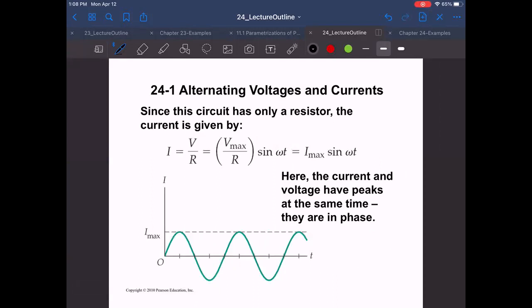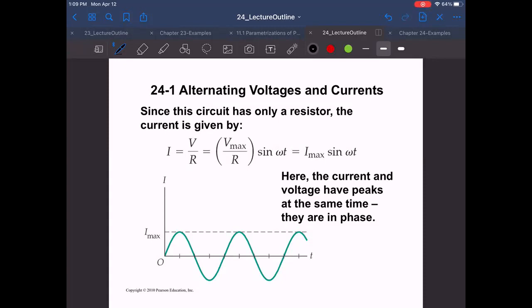If it's a circuit that has only one resistor, then we can very easily use Ohm's law to come up with an equation for the current. It's going to pretty much go right along with the voltage. I equals V over R. This time we're going to use V max because our voltage varies. Whatever the voltage happens to be over R is what the current will be, so the current will go up and down with it.